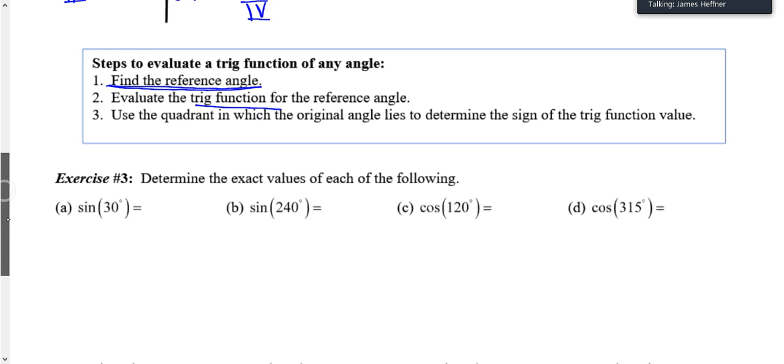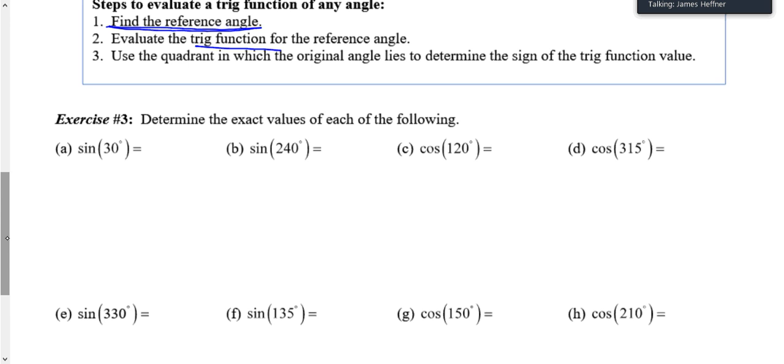So the sine of 30 degrees. It's probably best to draw a quick sketch. A 30-degree angle. Now, who remembers what this distance was? That's the cosine, and this was the sine of it. So what was the sine of 30?